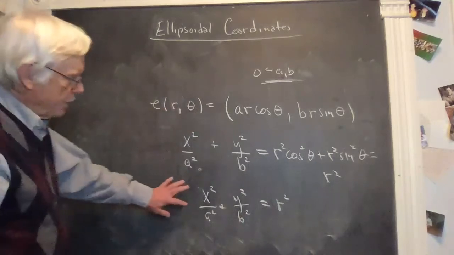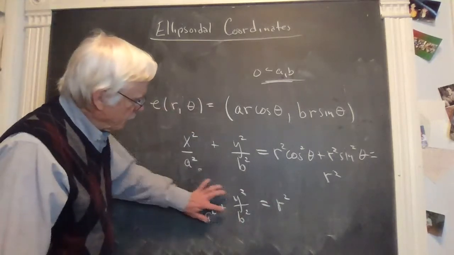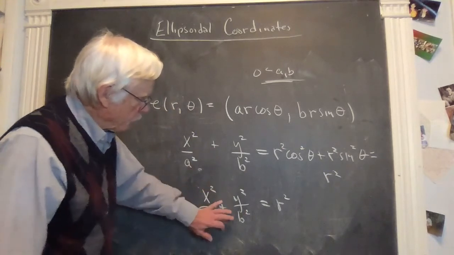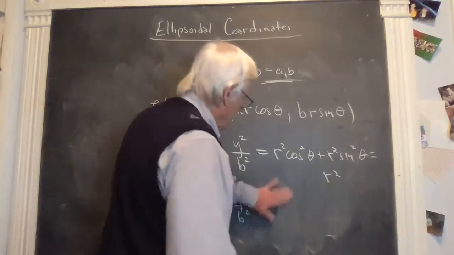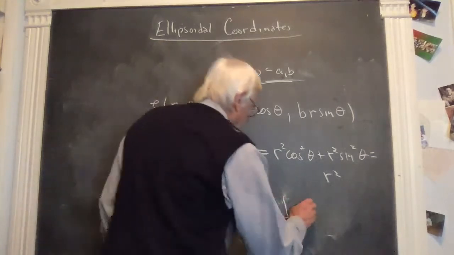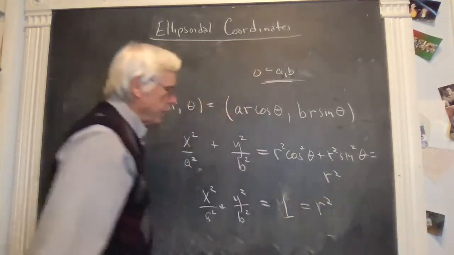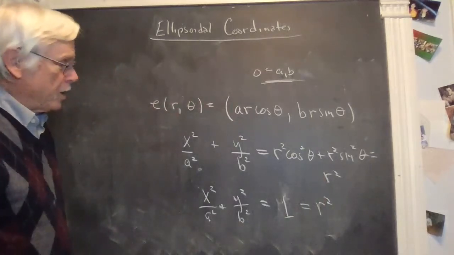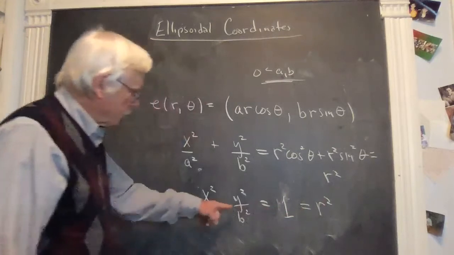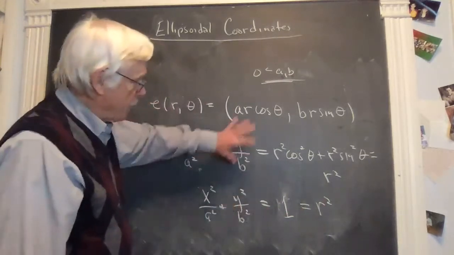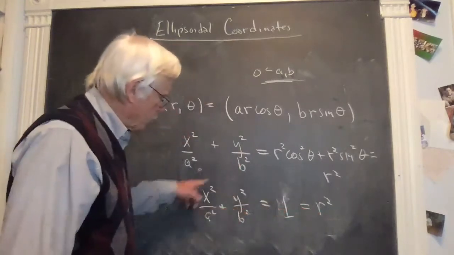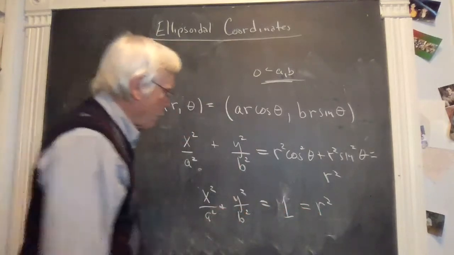Now, if you have x squared over a squared plus y squared over b squared equals a constant, like 1, for example, then as theta changes between 0 and 2 pi, radius 1 will describe this entire ellipse.